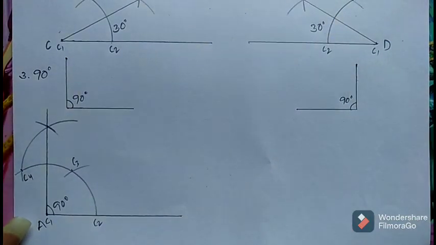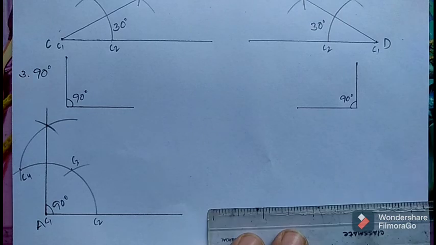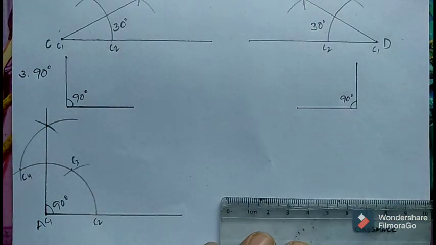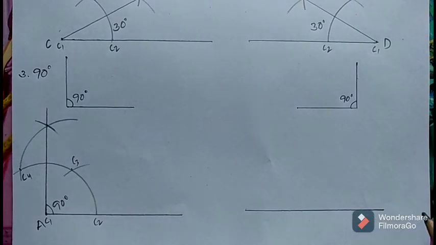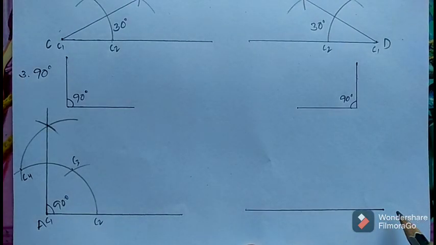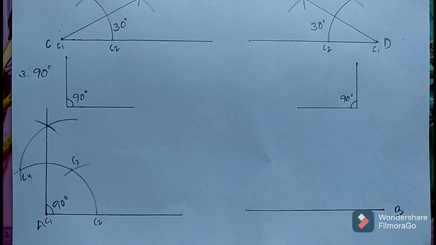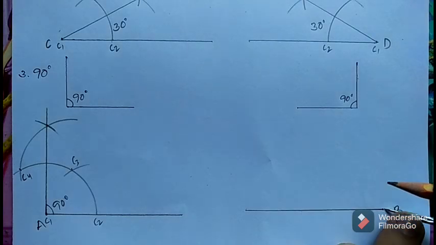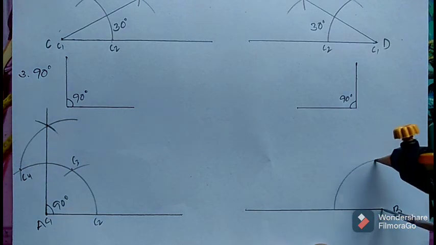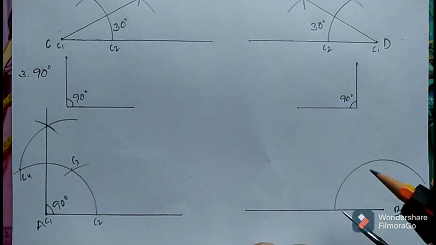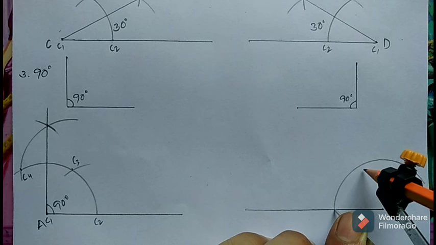And again, let's see in another direction how we construct this. The same angle, 90 degree, in another direction. Now let's construct at this point, which is point B. Do the same thing: taking B as center, we draw the first arc, which should be longer. Then taking this point as center, we draw the second arc.